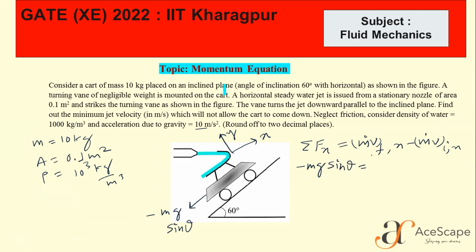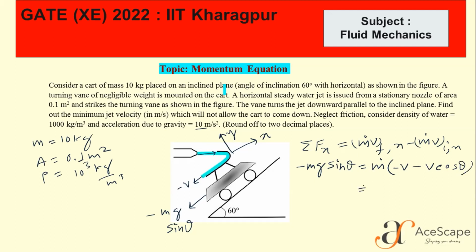Sine theta. Now mass flow rate into velocity. Mass flow rate is the same. Now the final velocity, I can see it is moving from this direction to this direction. This is the final velocity of the liquid jet. So this is v, that is minus v in the negative x direction. And the initial velocity is v cos theta.